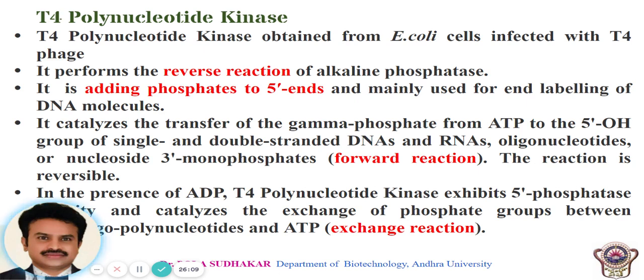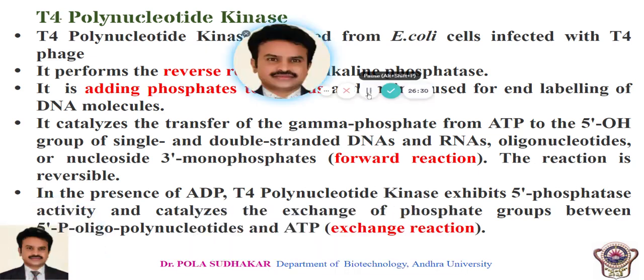It catalyzes the transfer of the gamma phosphate from ATP to the 5' OH groups of single and double stranded DNAs and RNAs, oligonucleotides or nucleoside 3' monophosphates. This is the forward reaction. The reaction is reversible.